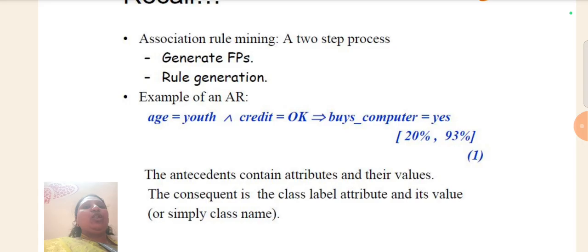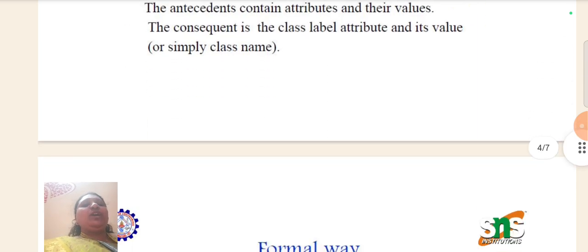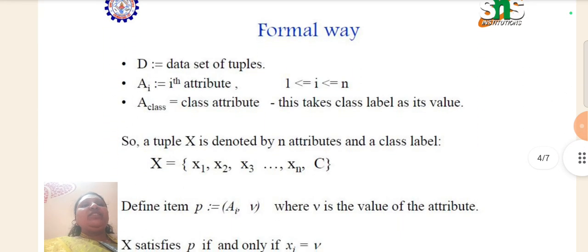The 20 is the support level, and 93 is the confidence percentage which was calculated for the example. The antecedent contains the attributes and their values. The consequent is the class label attribute and its value, simply the class name which we are going to say. So this is the formal way.